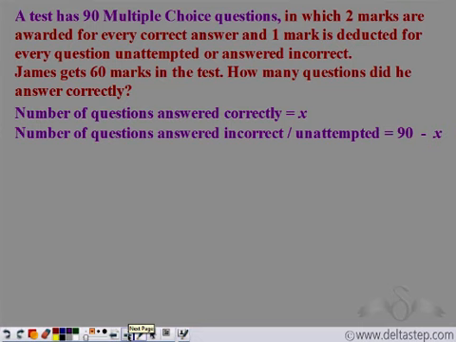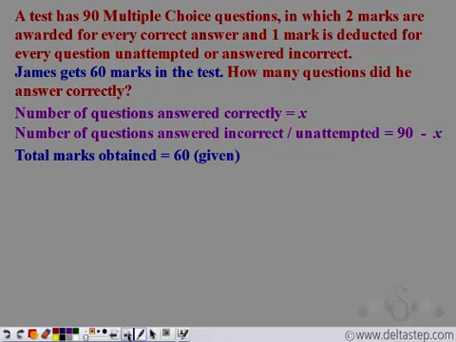Now the next step is to see what is given to us. It is given that James gets 60 marks in the test. So marks obtained by James is equal to 60. This is given to us. So James answered x questions correctly. For each question answered correctly, he gets 2 marks.